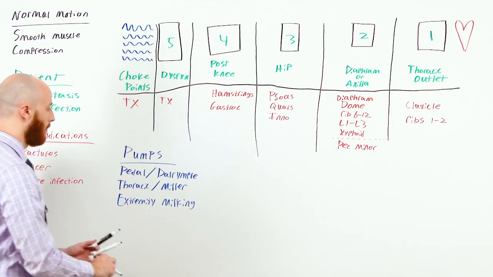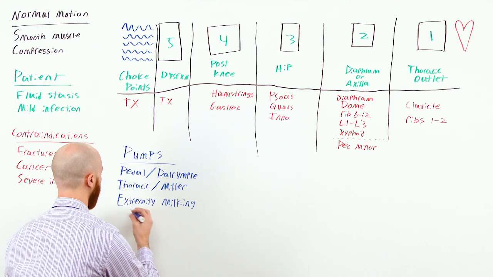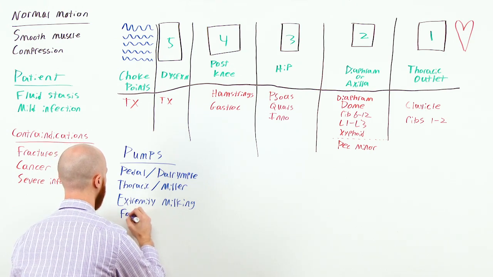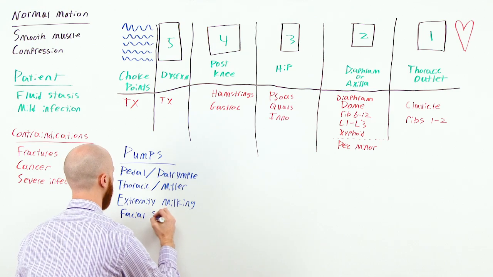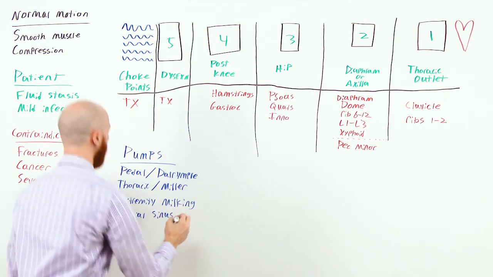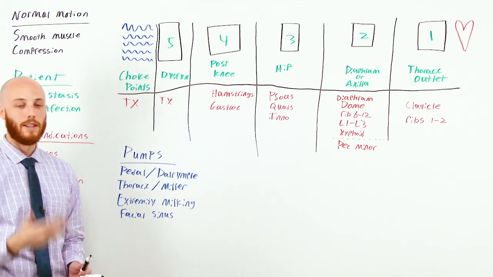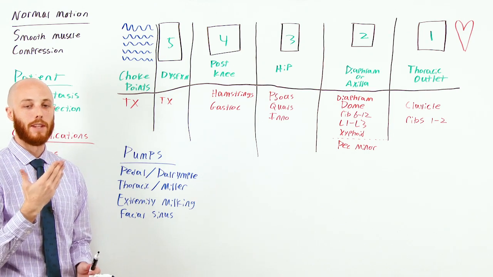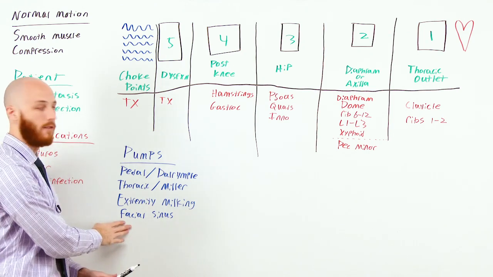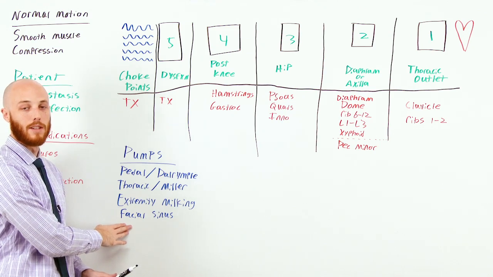So now we're going to loop back to mild infections. If you have a patient who comes in with some sort of a common cold and you need to help move around some of the fluid in the sinuses, you can just do a facial sinus pump or effleurage.